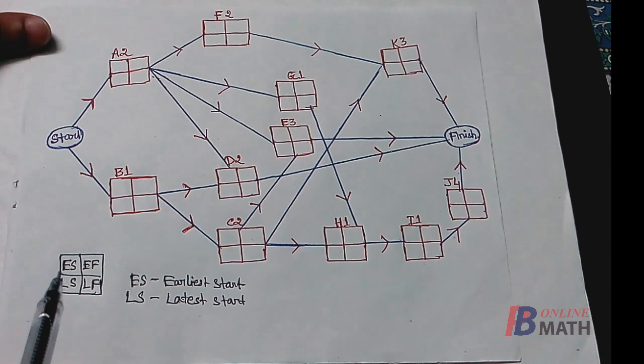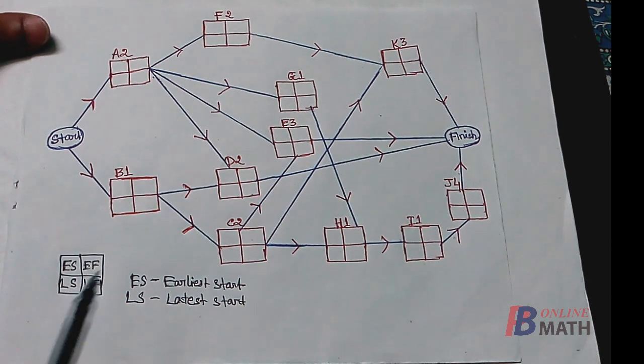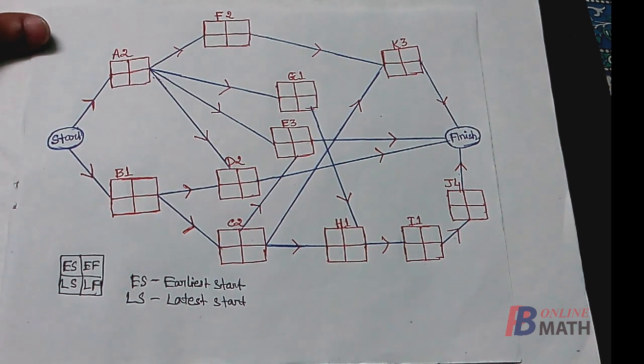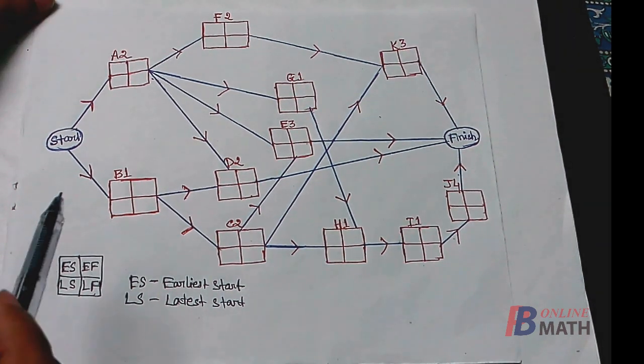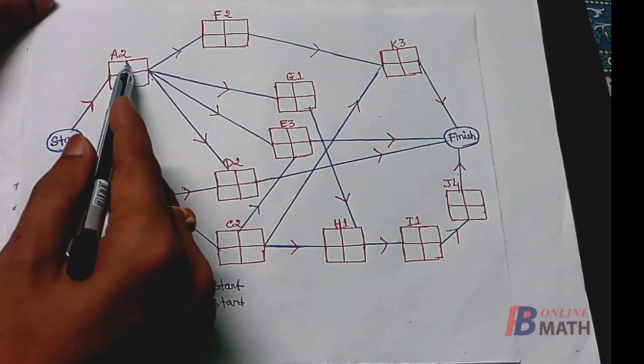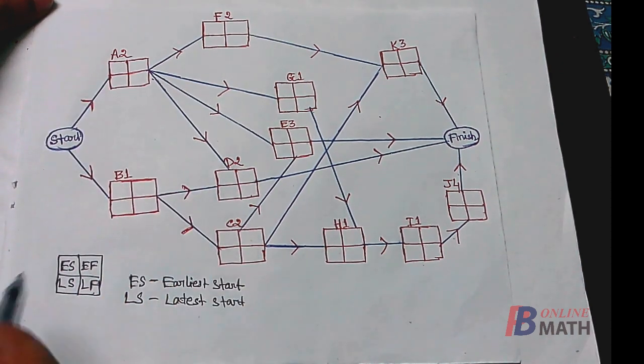That means we have to find the earliest time that the activity can be started and the latest time that the activity can be started. Also, the time duration for each activity is shown in these nodes. So 2 is the time required to complete the activity A, similarly for the other activities.